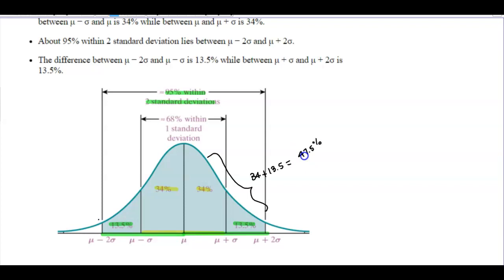Okay, and likewise on this side, this would also give us 47.5%. So that means that's 2 standard deviations away from the mean. If you add 47.5 plus 47.5, it's going to give you 95%.